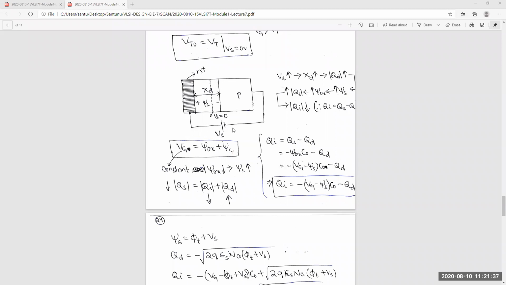But when you give a negative voltage, here a reverse bias, will the overall voltage increase or decrease? Analyze it from a diode perspective. Suppose a PN junction is there and you give a reverse voltage. What will the voltage be? The built-in potential plus VR, yes or no?